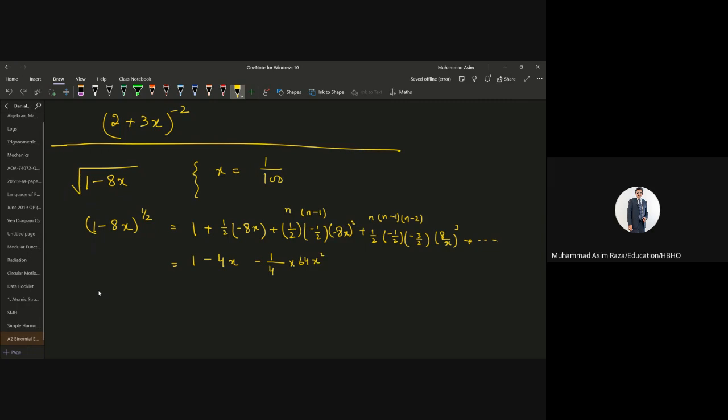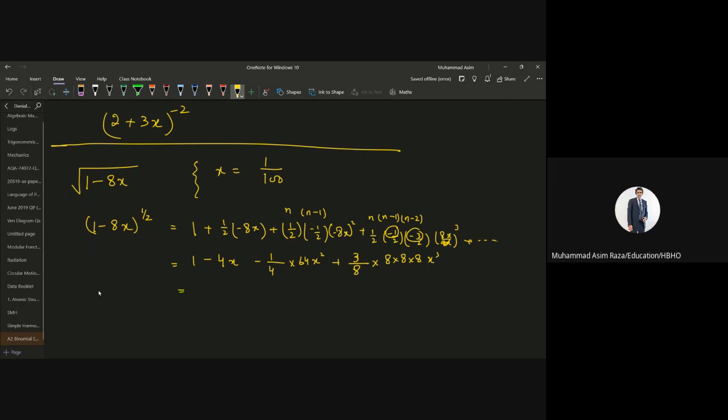And then we can have plus, there are three 2's in the denominator, and there are two negative signs, so both of these will become positive, 3 over 8 times 8 cube. 8 cube can be written as 8 times 8 times 8, so it is 8x into x cube. Something like that.